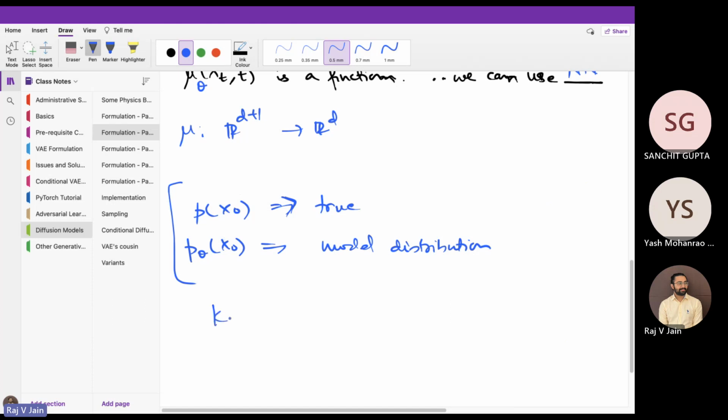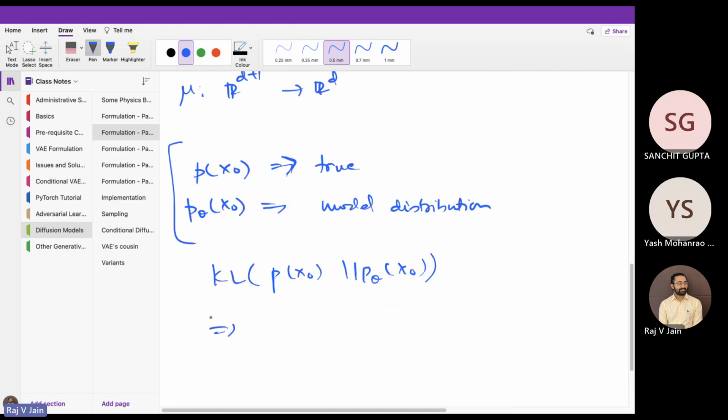So we want to reduce the KL between P of x naught and P theta of x naught. And again, as we discussed before, minimizing this is equivalent to maximizing the log likelihood, log P theta of x naught, under the expectation over the true P of x naught samples.